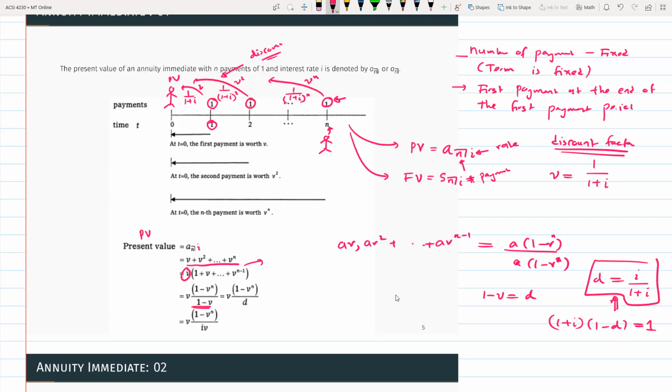So then also you can see that 1 minus d equals 1 over 1 plus i, which is v. So v equals 1 minus d. So I can replace the 1 minus v part by d. And then I get the second part. Then d is actually i times v. You can prove that.